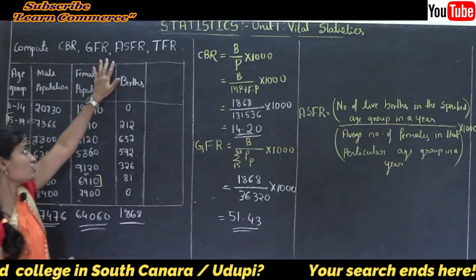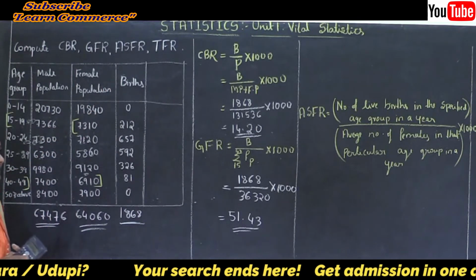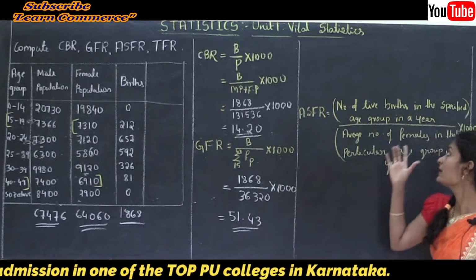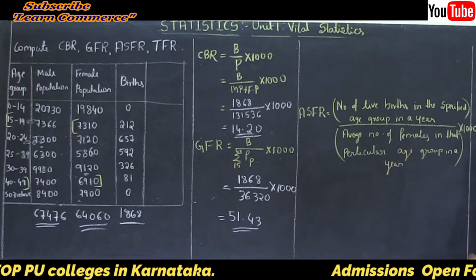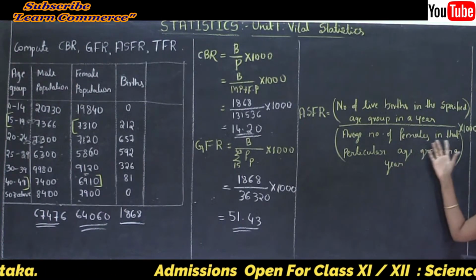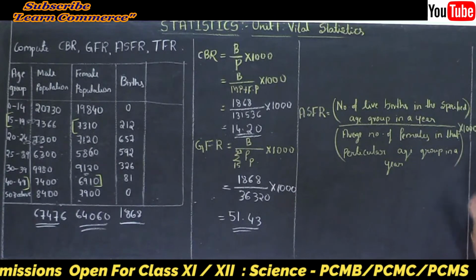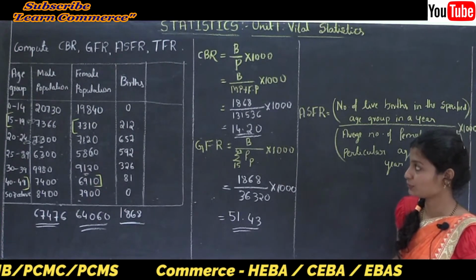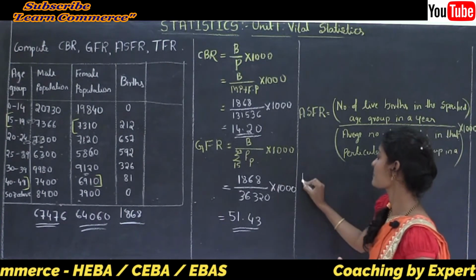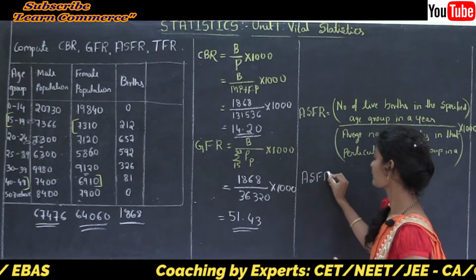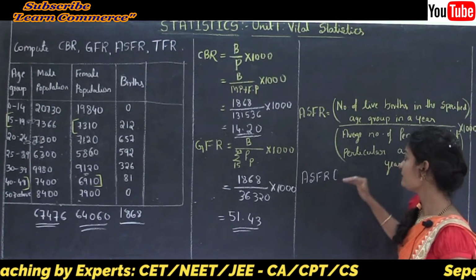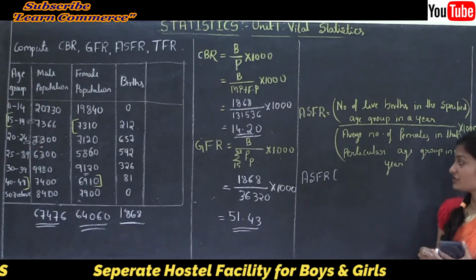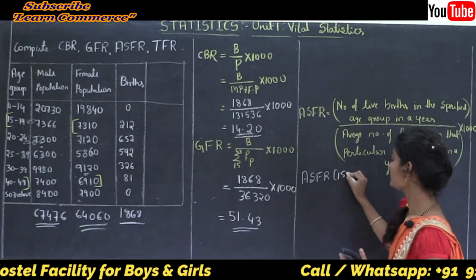Next, based on our question, we need to calculate age specific fertility rate. We know the formula of age specific fertility rate: number of live births in the specified age group in a year divided by average number of females in that particular age group in a year, into 1000. In the question, the first specified age group is 0 to 14, but we need only the childbearing age, which starts at 15 to 19.